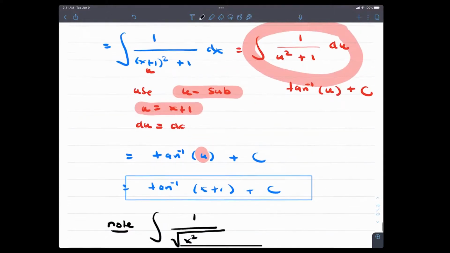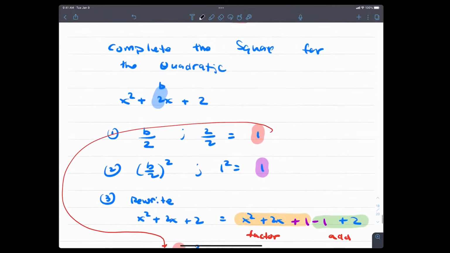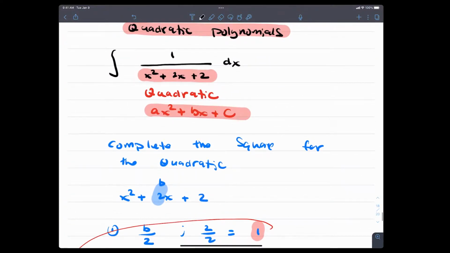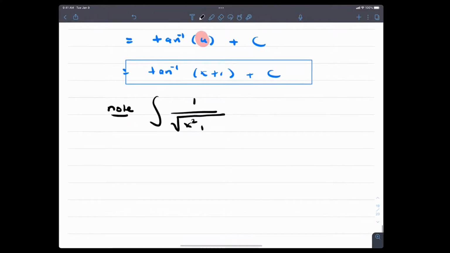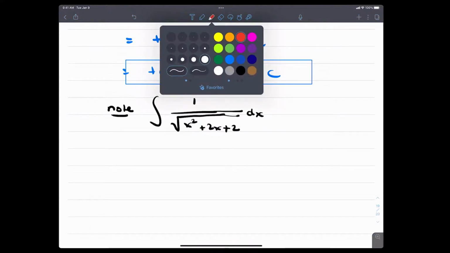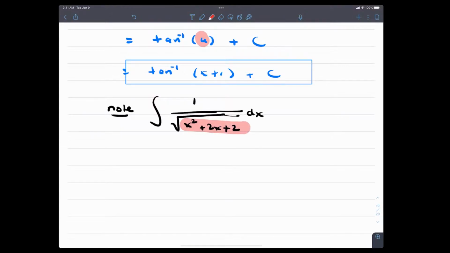X squared plus 2x plus 2 now. So you go, oh, what if they gave me this, x squared plus 2x plus 2? Again, notice you have a what? A quadratic. Yeah, exactly. So this is the whole idea here. Notice you have a quadratic here.